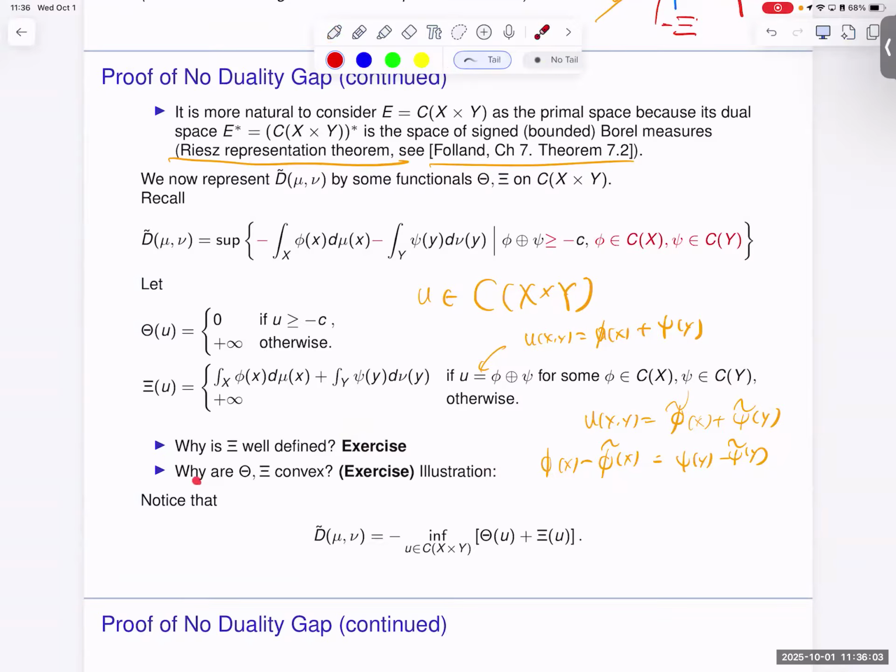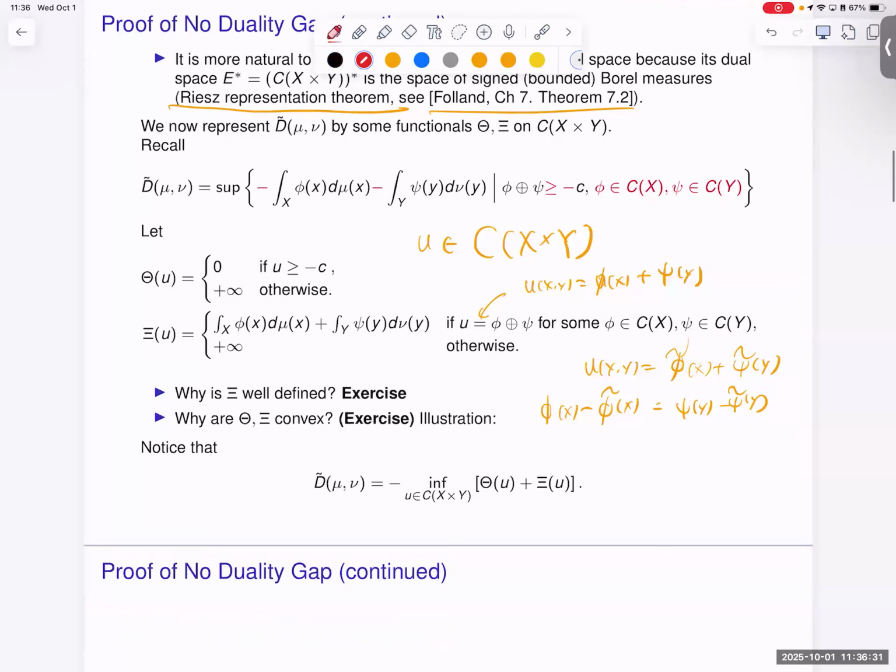And why are these functions convex? You need convexity to apply this Fenchel-Rockafellar duality. Why are these convex? Right. So let me just repeat what he said.